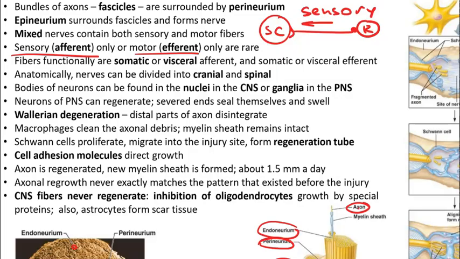So, in addition to the sensory and motor division, there is, as we mentioned, a division into somatic or visceral. So every fiber can be characterized based on these two categories, whether a fiber is somatic or visceral, and afferent versus efferent.